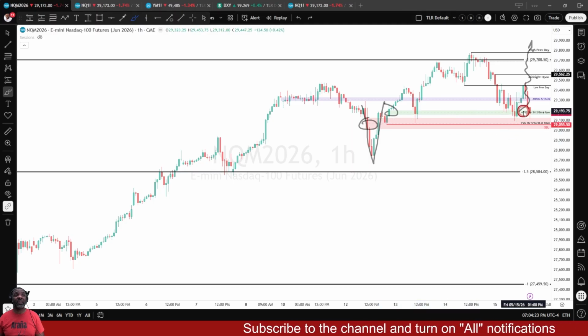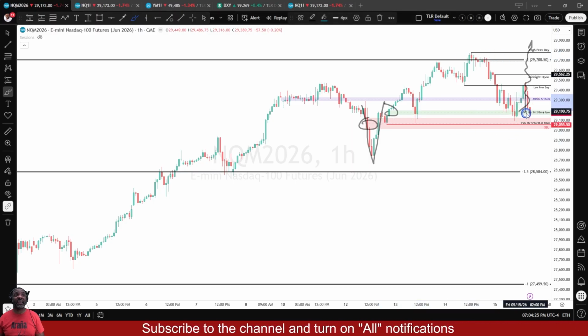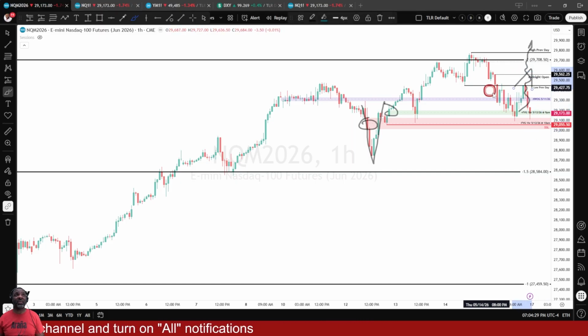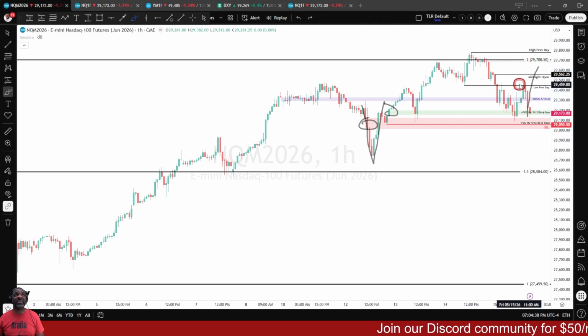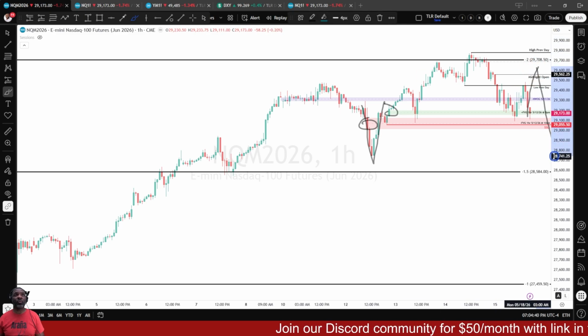So if we don't take this high, take this liquidity, then that would be your low risk sale. If we went up and made another high here, but don't take that high, then come down and take that liquidity, that would be your low risk sale.